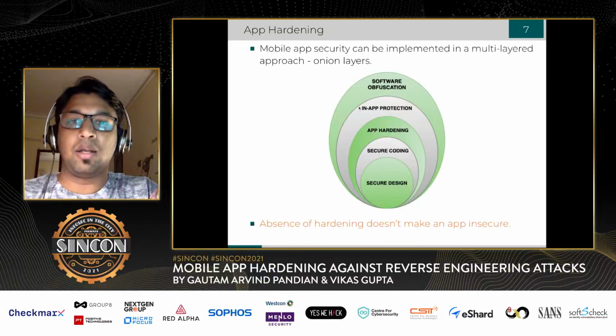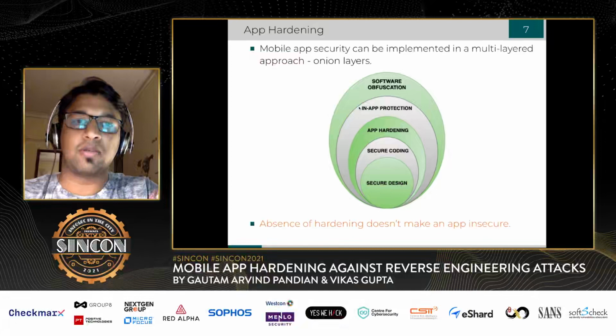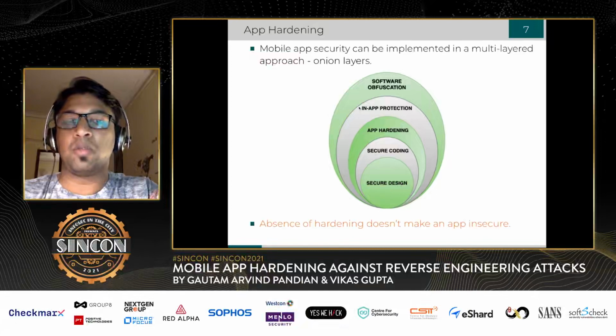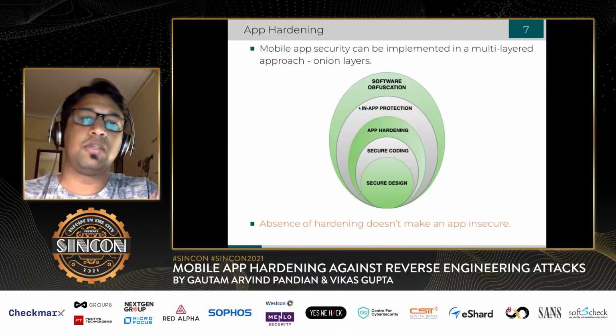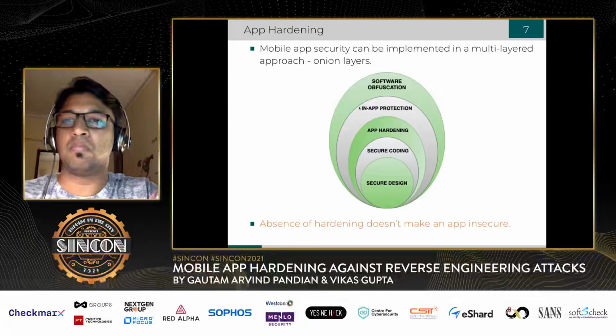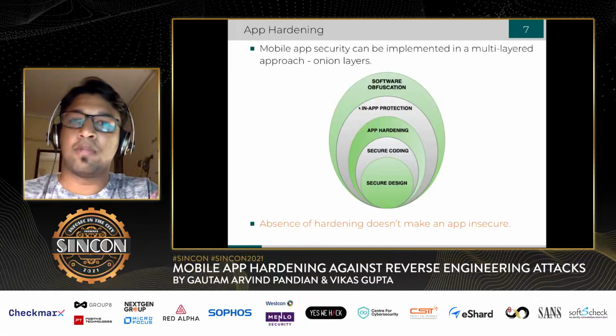App hardening we will be covering in this presentation, which is about having extra features which can make reversing or breaking the application a bit difficult. In-app protection, for those who are aware of the mobile application ecosystem, in-app protection and RASP are commonly used and mean the same thing.